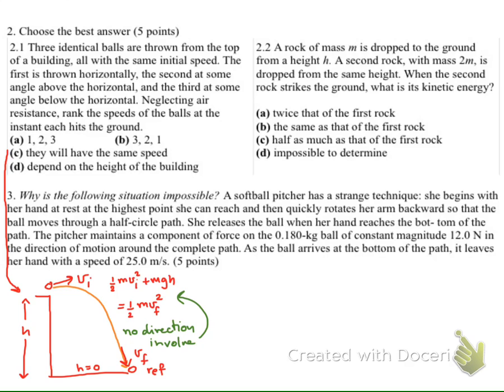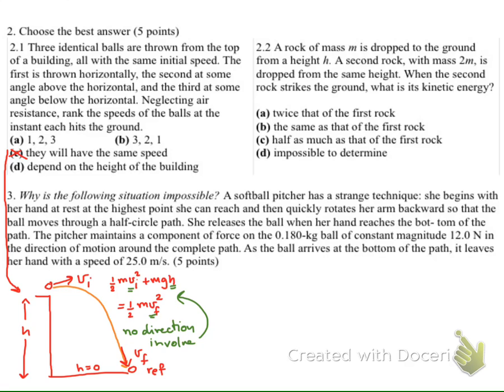So it means that we don't care about the direction. If you have the same initial speed and the ball is thrown from the same height, whatever the direction is, you will have the same Vf. So the answer should be they will have the same speed.